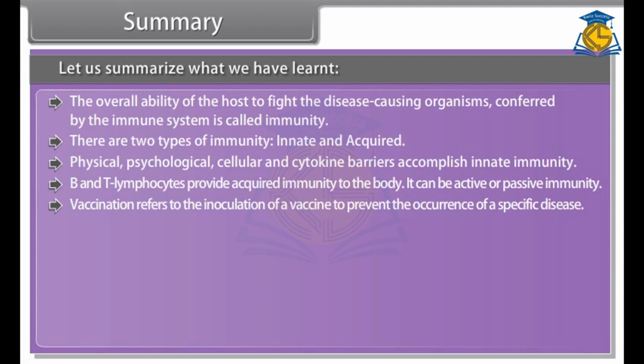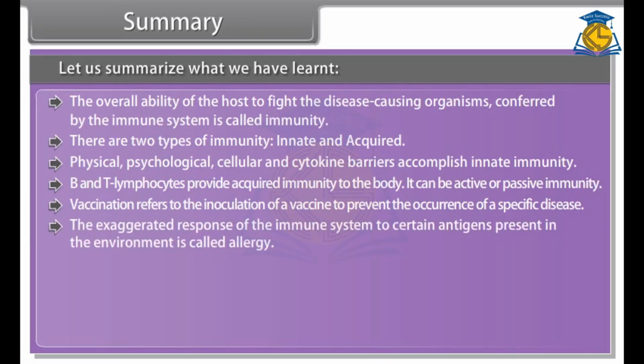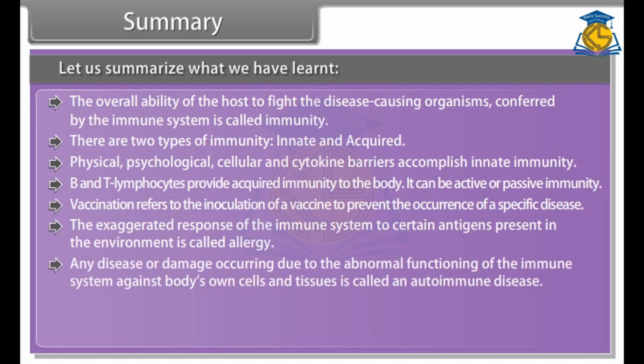Vaccination refers to the inoculation of a vaccine to prevent the occurrence of a specific disease. The exaggerated response of the immune system to certain antigens present in the environment is called allergy. Any disease or damage occurring due to the abnormal functioning of the immune system against body's own cells and tissues is called an autoimmune disease.